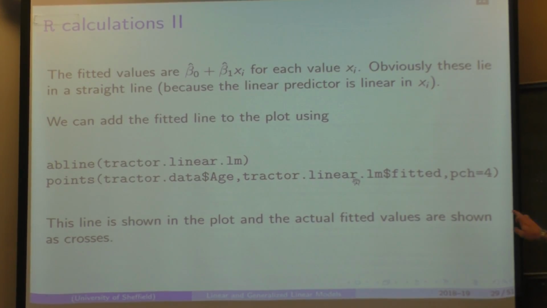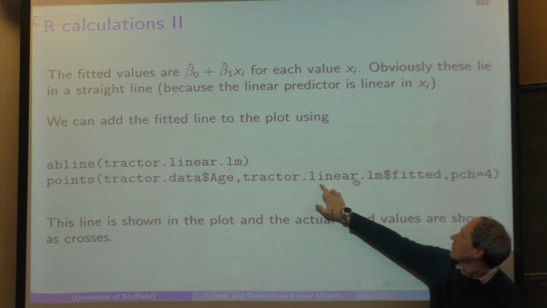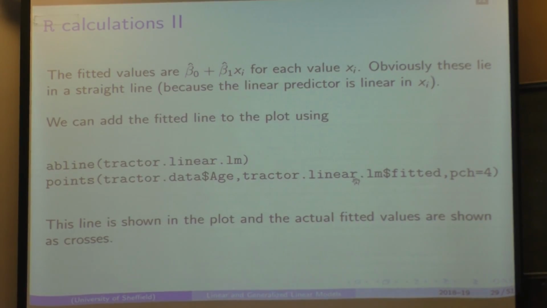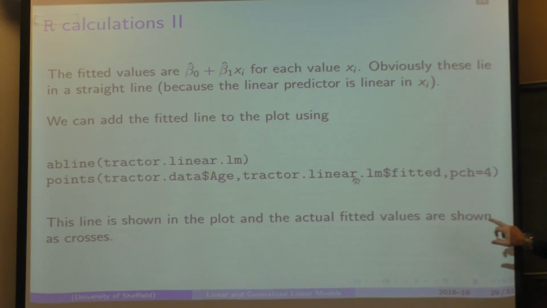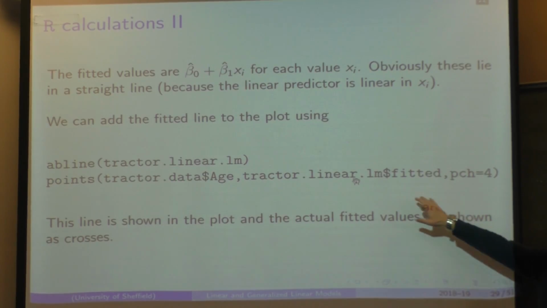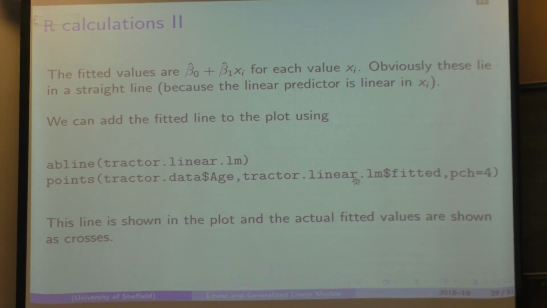Okay, so this variable here, tractor.linear.lm$fitted, extracts the fitted values from the object. So a $ sign in R tends to mean that you've got some object which has lots of pieces of information in it, and the thing after the dollar extracts a particular piece of information from the object. pch equals 4 on the end is just telling R what sort of point to plot.